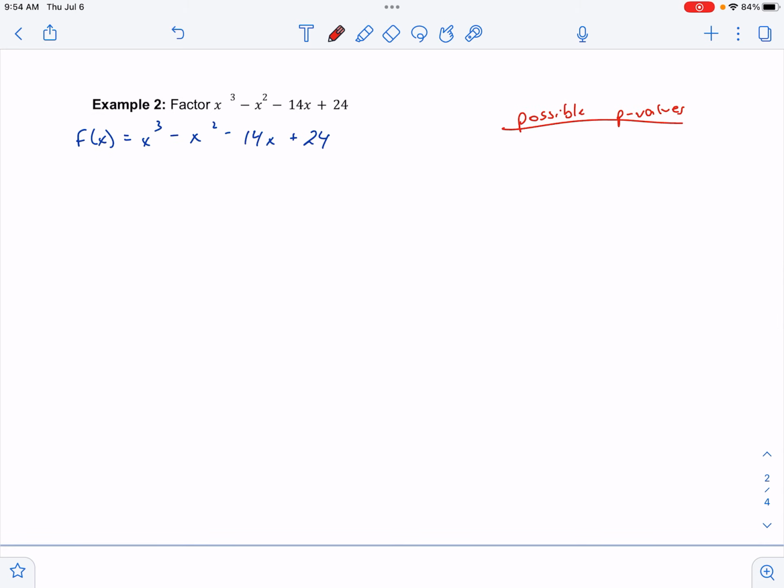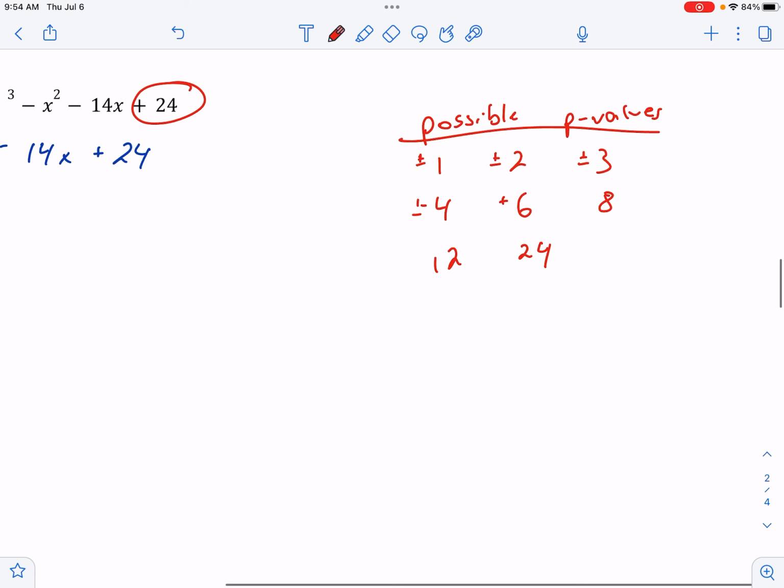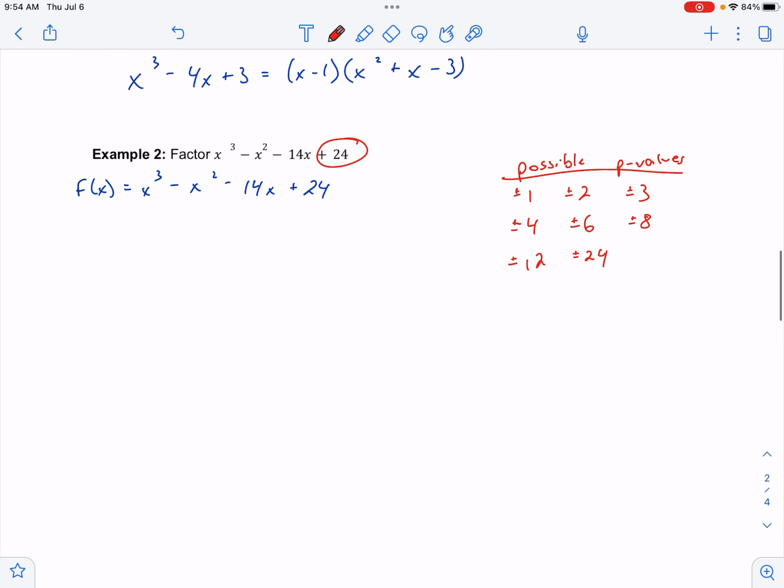And so we look at all the different factors of 24. 1, 2, 3, 4, 6, 8, 12, 24, and all of these could either be positive or negative. Here we go. That's a lot of different numbers to check.